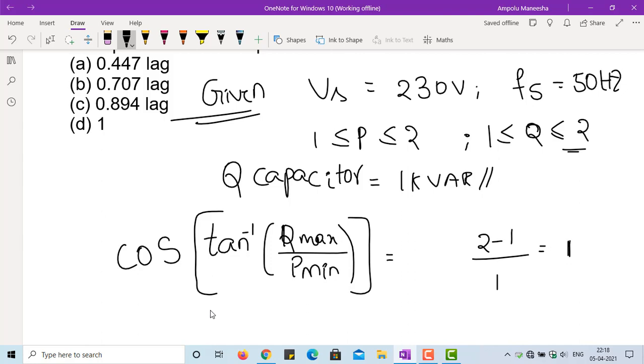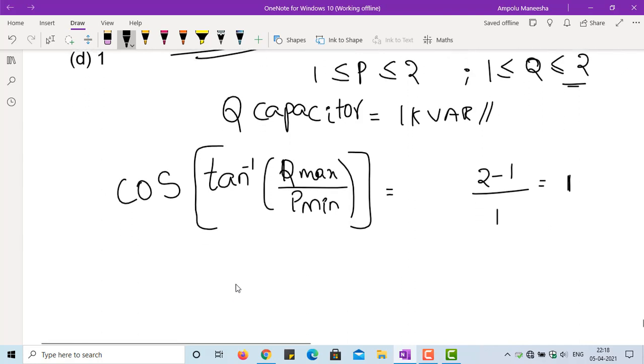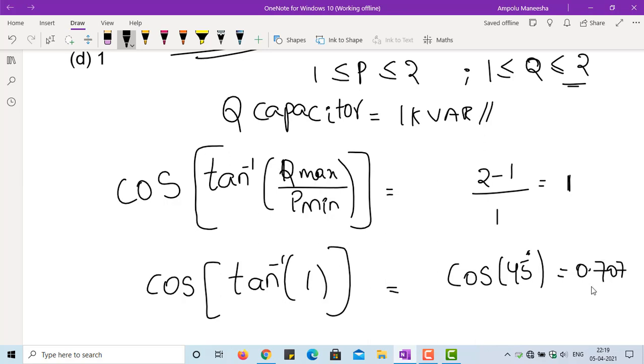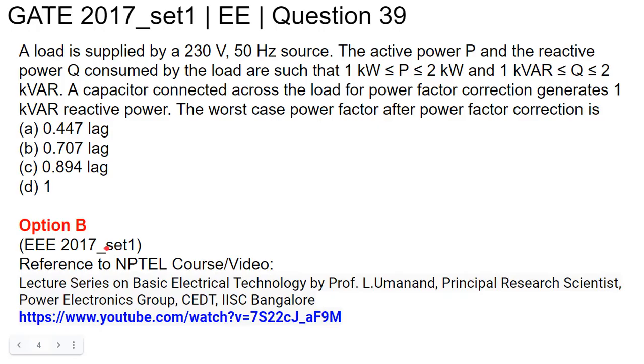So cos of tan inverse of 1, that is cos 45 degrees, that is equal to 0.707, and the load is lagging, right? So 0.707 lag. This is the worst case power factor of the load.